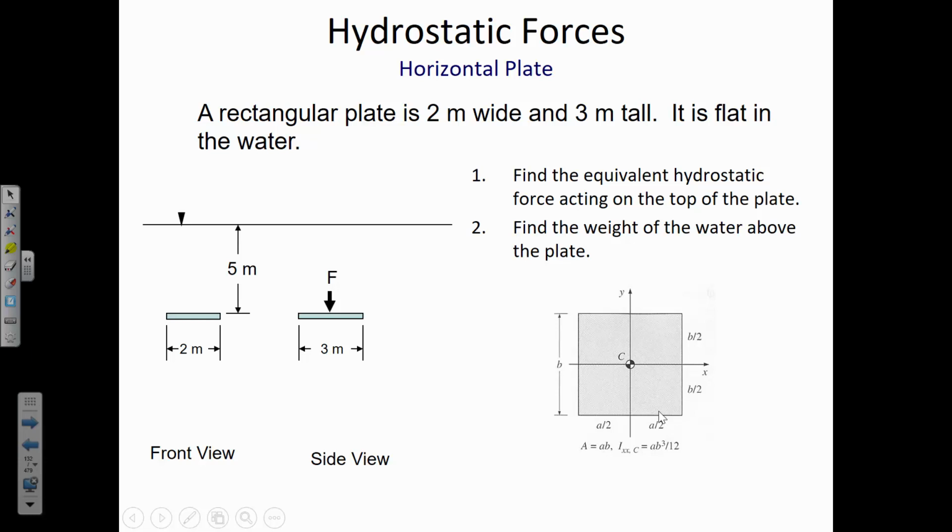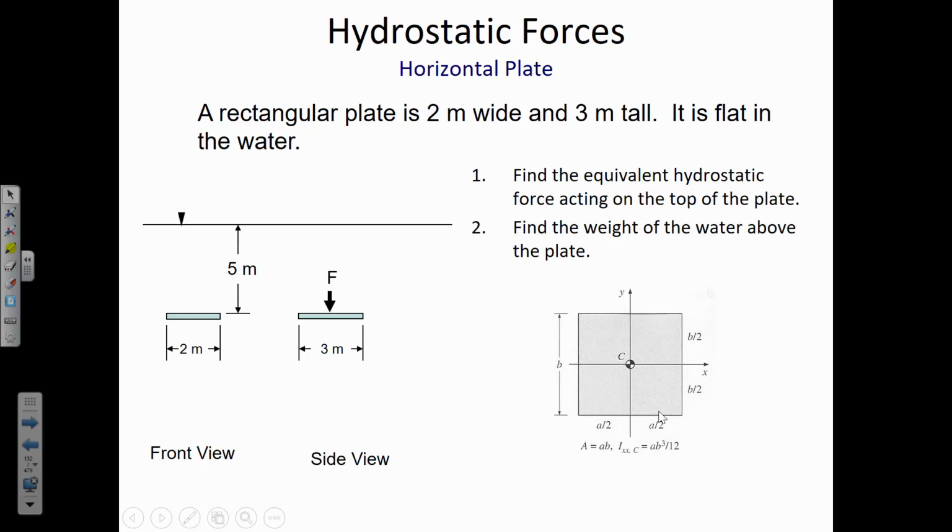So we've got a gate that's 2 by 3, as is shown in the dimensions here. It's flat in the water, and we want to find out what are the hydrostatic forces that are acting from above. So we can follow the same process that we have before. You find the location of the centroid, the depth of the centroid, the magnitude of the hydrostatic force by pressure at the centroid multiplied by area, and then the location of the force.